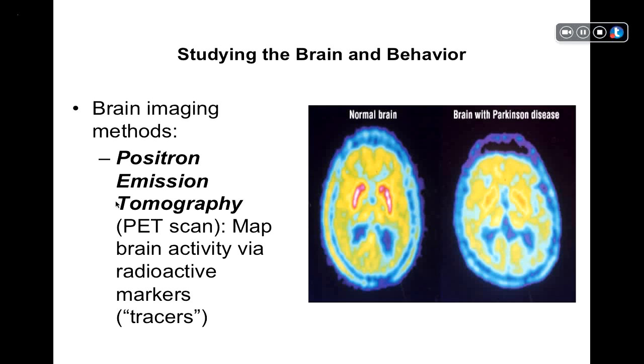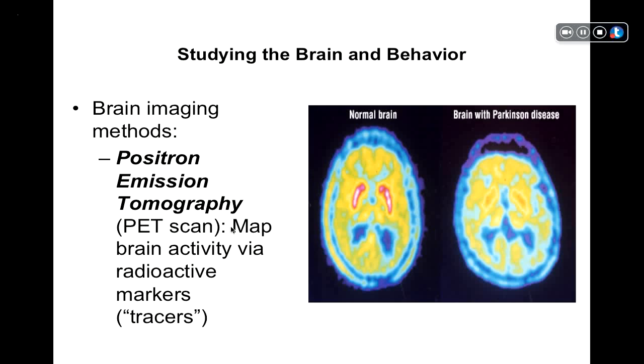Other brain imaging techniques known as positron emission tomography, or the PET scan, involve a bit of a different process. Usually there's some injection of a harmless radioactive substance into the bloodstream, and then those radioactive substances bind with glucose molecules that are metabolized by the brain.